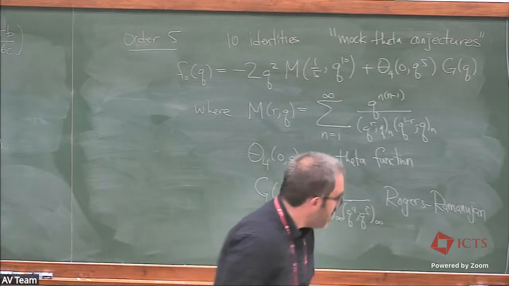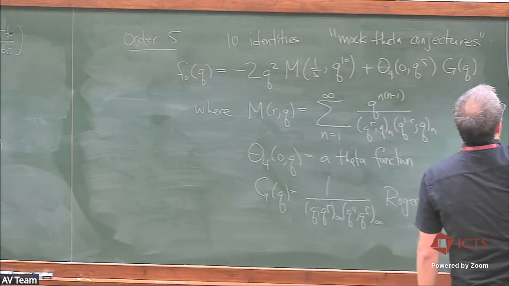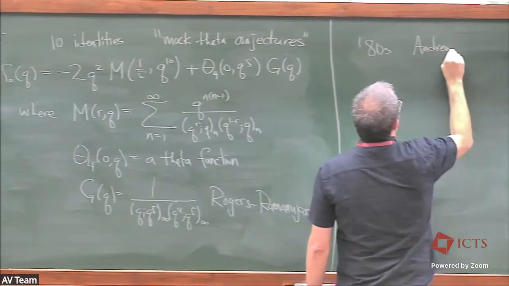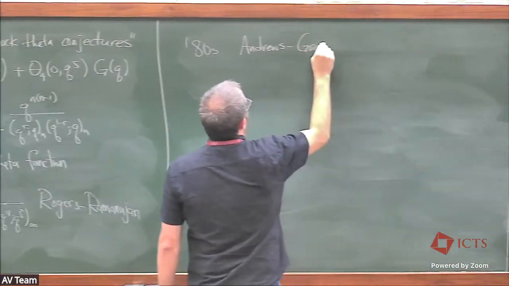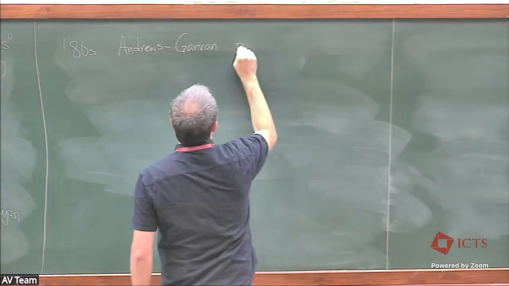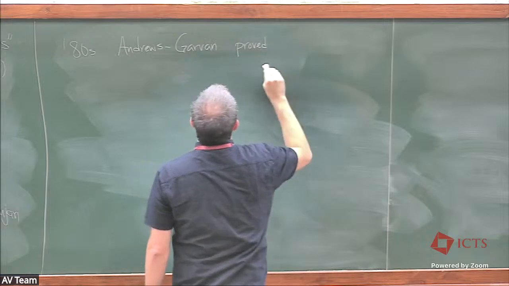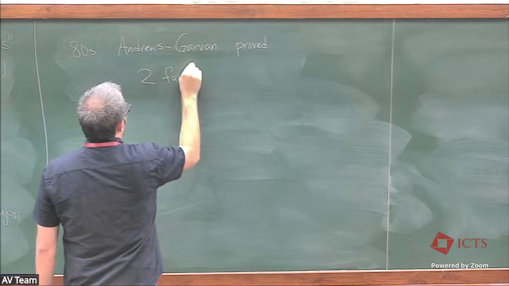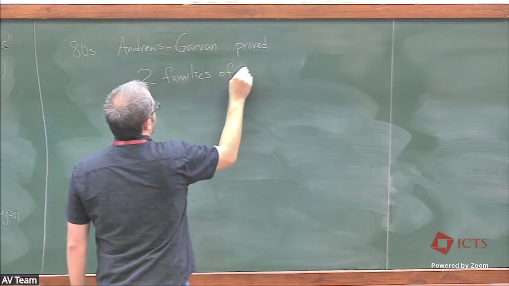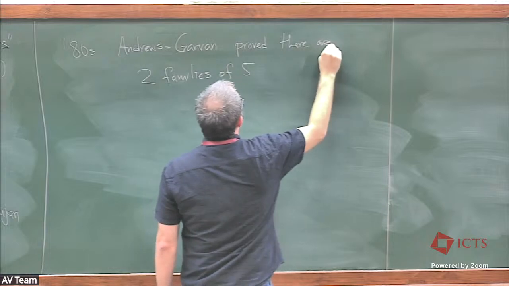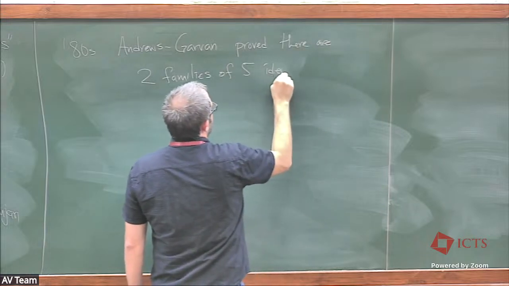So in the 80s, Andrews and Garvan wrote a paper on these Mock theta conjectures, and they proved that there are two families of 5 identities each.